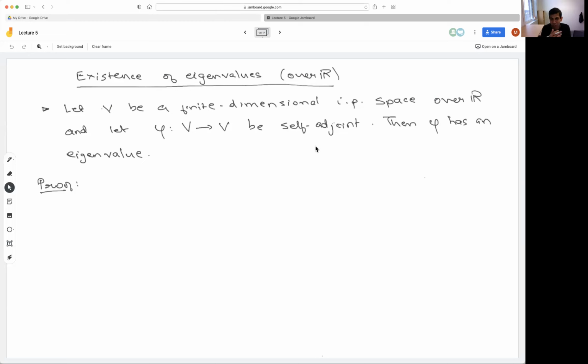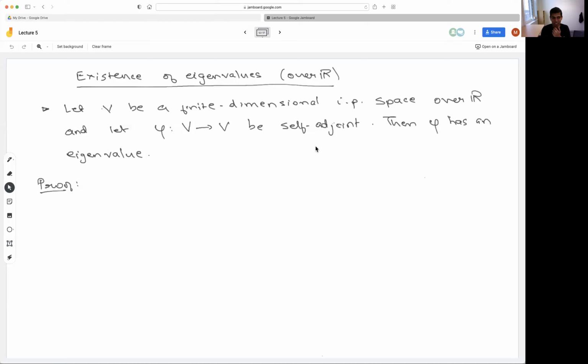Existence of eigenvalues over real numbers, we can basically cheat. So if you have, let's say, matrices mapping real vector spaces to real vector spaces. Let's say you have a matrix with real entries and it's self-adjoint.